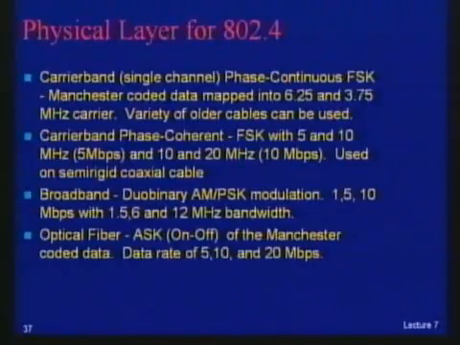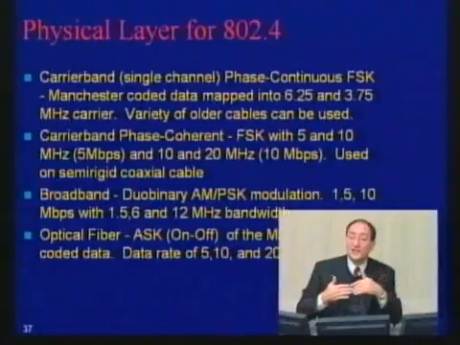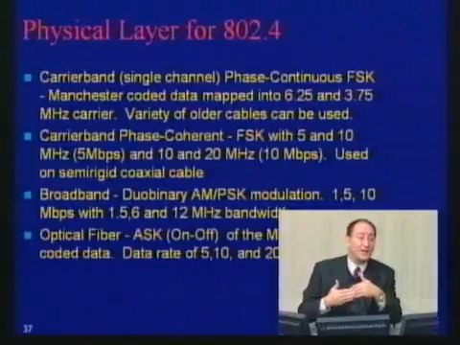In 802.4, they are thinking about like carrier band, if you remember. Carrier band was the time that you have a cable, but only one user uses that cable, but does modulation. It's not baseband. Do you remember that? Then they were using broadband as well. What was the difference between broadband and carrier band?